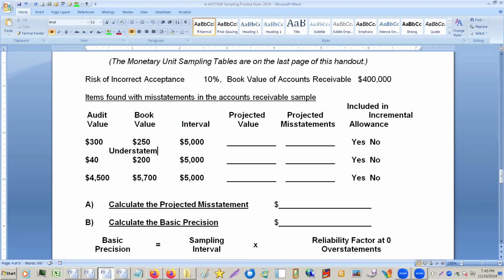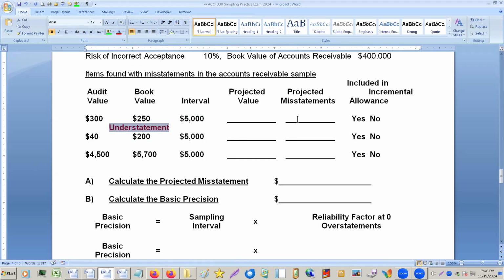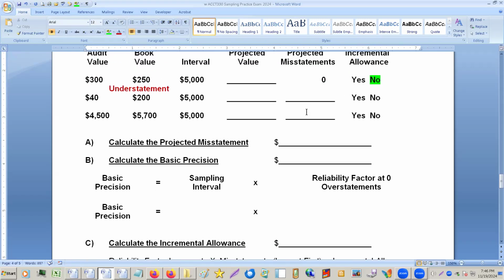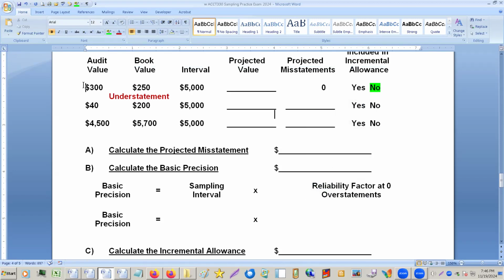This one is not misstated at all, and we can say this one is not going to be in the incremental allowance because it's not misstated. It's perfect. And yes, that does bug me as an auditor.